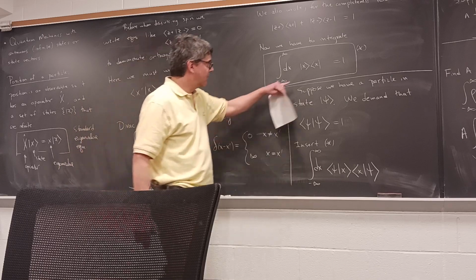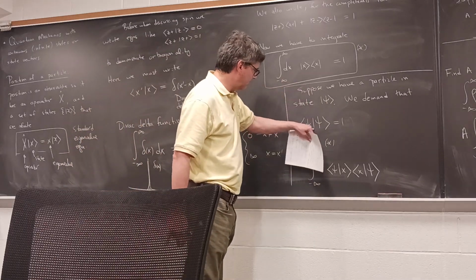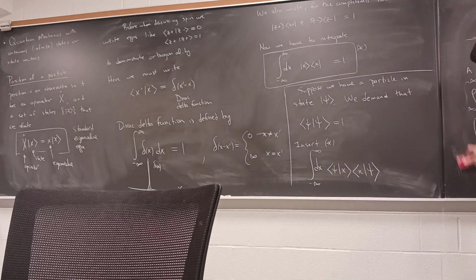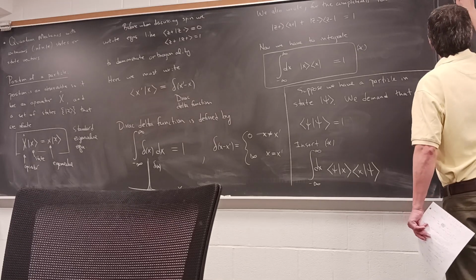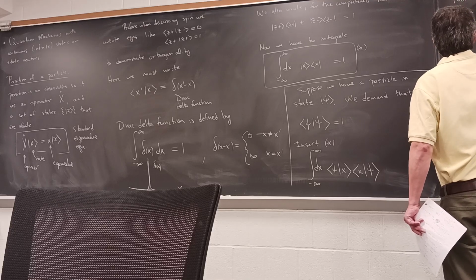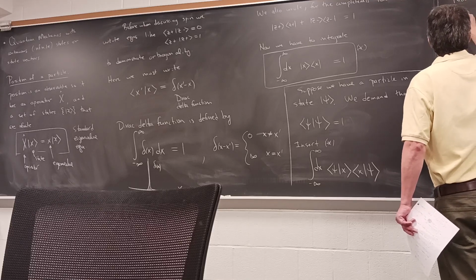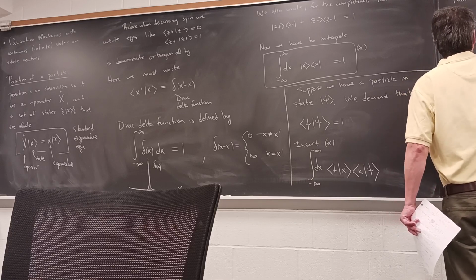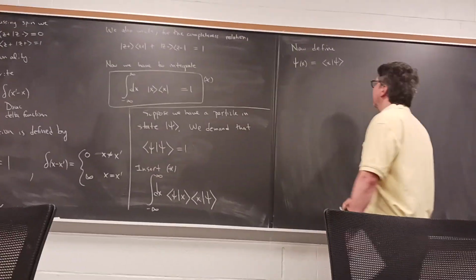Okay, I'm just putting this relationship right in the middle of that bracket. And if we do that, then we can make a quick definition. Let's define psi of x is equal to x acting on psi, okay?